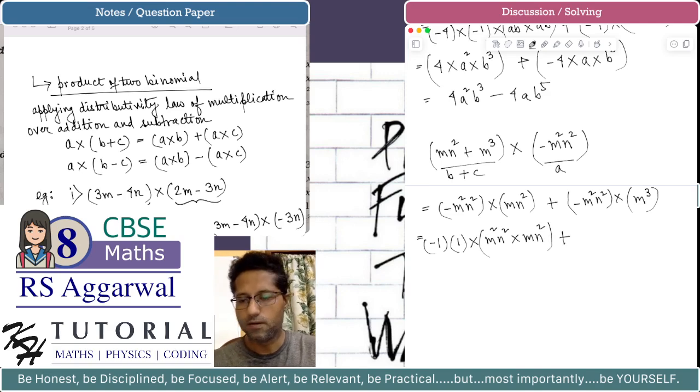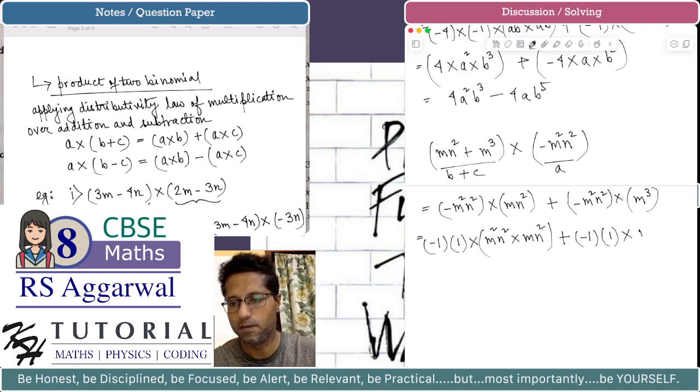For the second one, the numerical coefficient of the first monomial is again minus 1, and the numerical coefficient of the monomial m cube is 1. Now we find the product of the literal coefficients of the two monomials, that is m square n square multiplied by m cube.